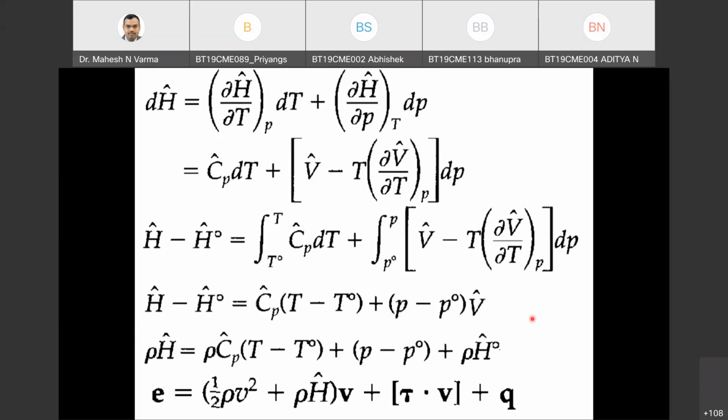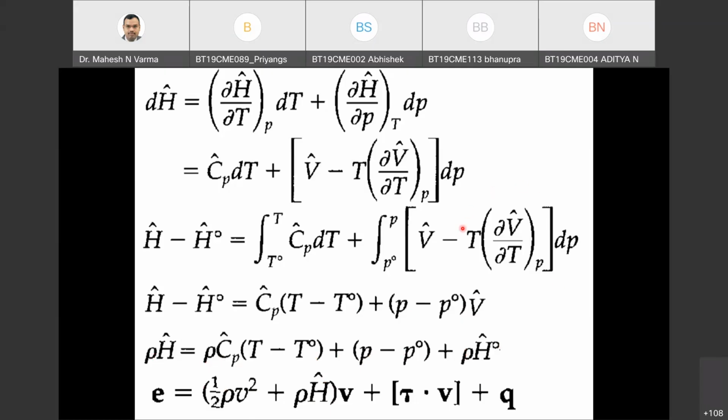Multiplying by rho, it will be rho Cp (T minus T0), and the specific volume is 1 upon rho, so it will be (P minus P0), and rho into H0. So rho into H equals rho Cp (T minus T0) plus (P minus P0) plus rho into H0. You can just revise this.